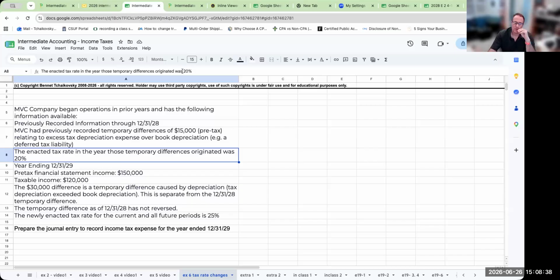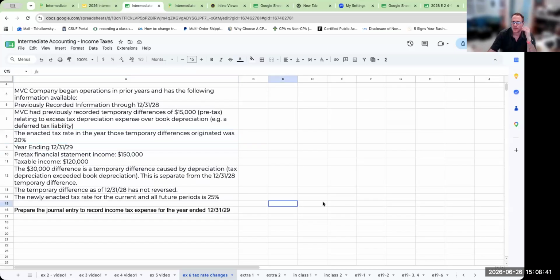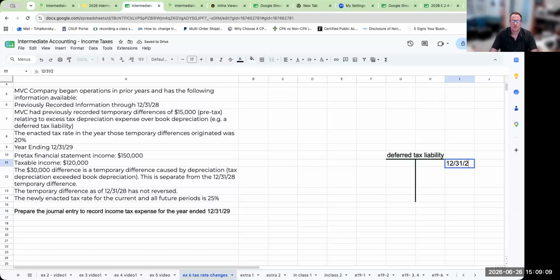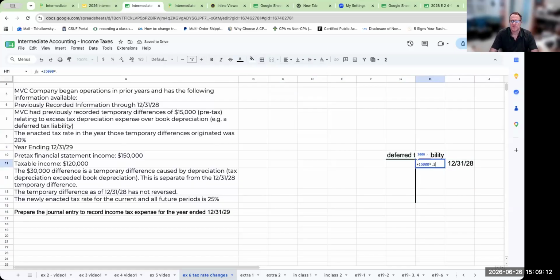So what we have to do is ask ourselves, what's the best way to handle this? Well, we know that in our deferred tax liability account, because tax was greater than book, my deferred tax liability as of 12/31/28 is going to be 15,000 at 20%.